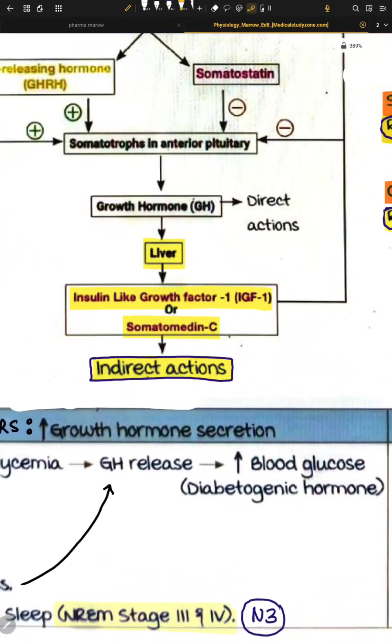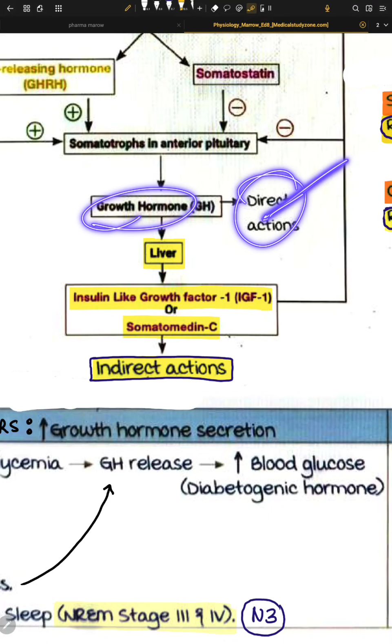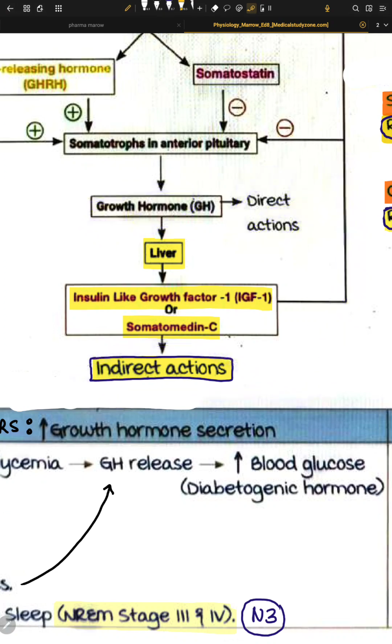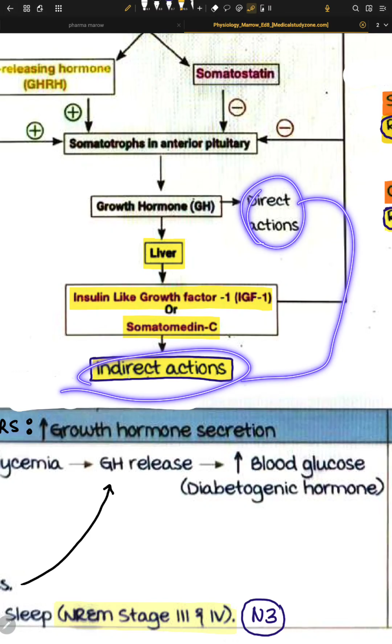So growth hormone has two actions. One is direct: the raw material, the glucose, everything raw. And when these raw materials are used wisely, we call it indirect action.